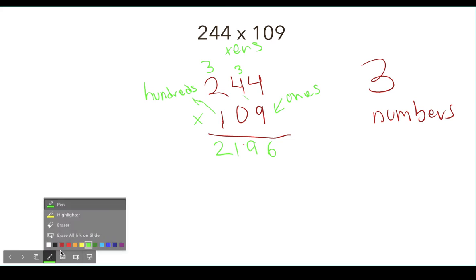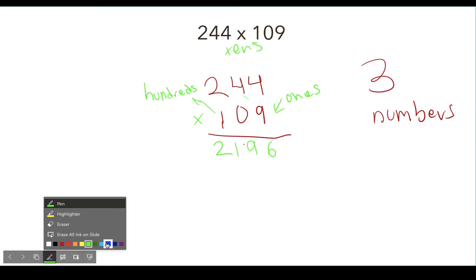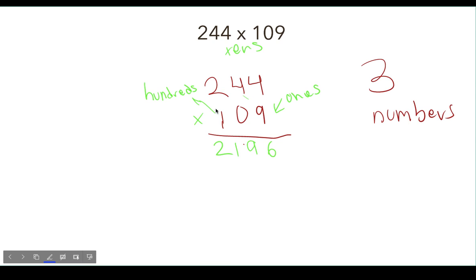Okay, so now let's erase these. Okay, now let's solve for the tens place. First, let's add a 0. 4 times 0 is 0. 4 times 0 is 0. 2 times 0 is 0.